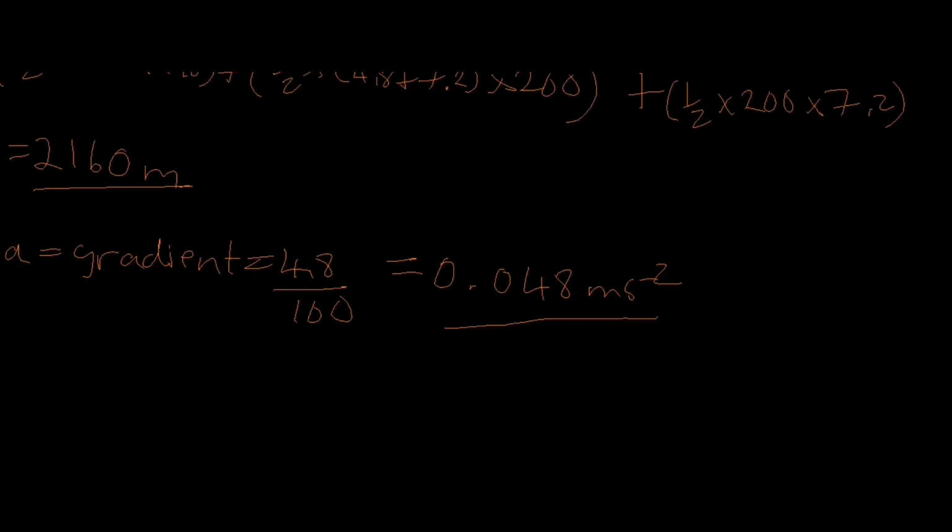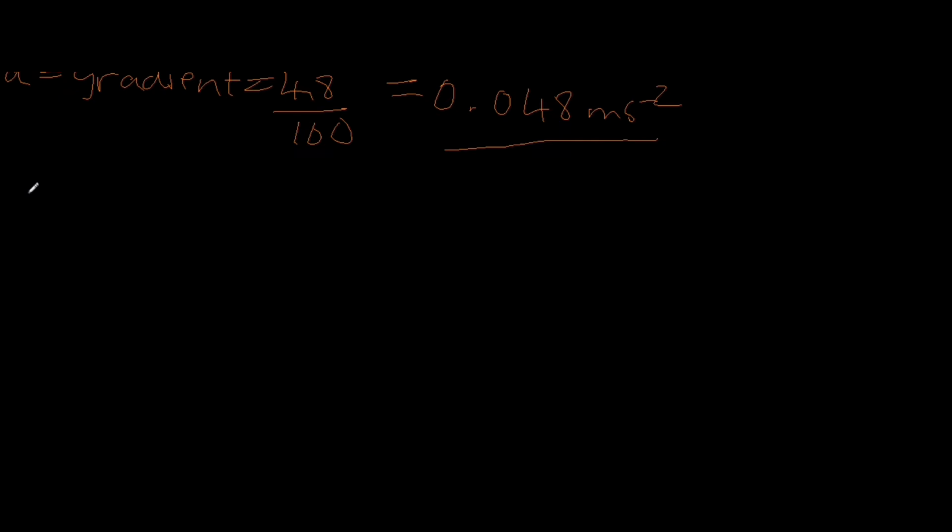Well, this is where our calculus comes in, because we know that acceleration is the rate of change of velocity. So differentiating the velocity is going to give us negative 3 over 12,500 t plus 0.06.